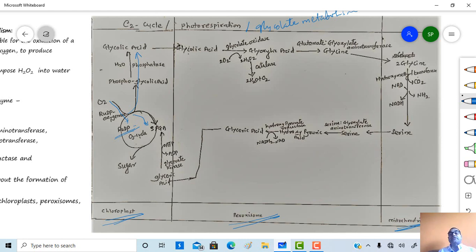The glycolic acid is the first stable product. That's why it is called glycolic acid metabolism, or this glycolic acid is also called glycolate. Okay, this glycolic acid or glycolate enters into the peroxisome, where it oxidizes in the presence of glycolic acid oxidase.